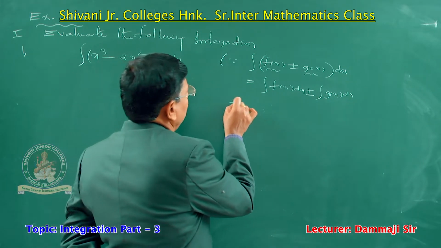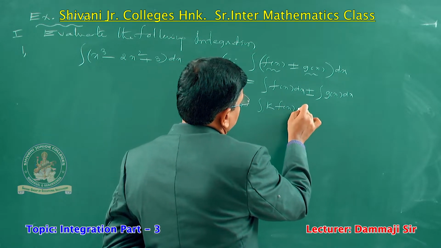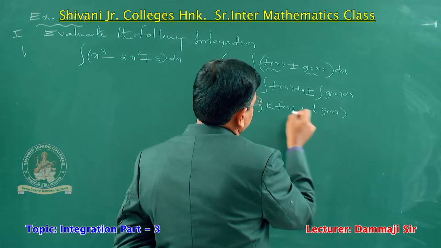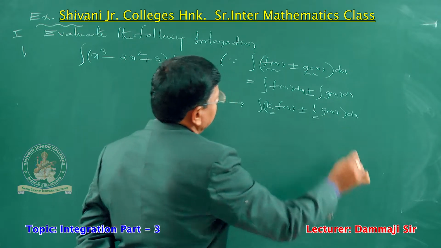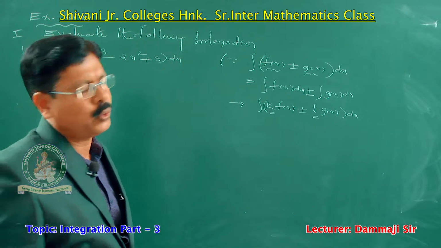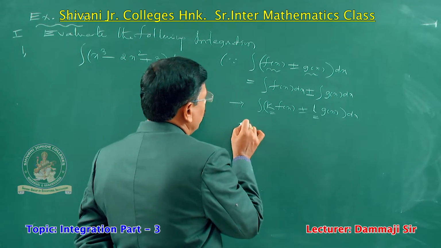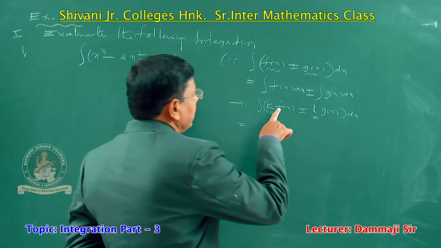Next, go to one more: the integral of k f of x plus or minus L g of x, dx. Here k and L are scalars, the coefficients of the functions f of x and g of x. We apply the integration only to the function.